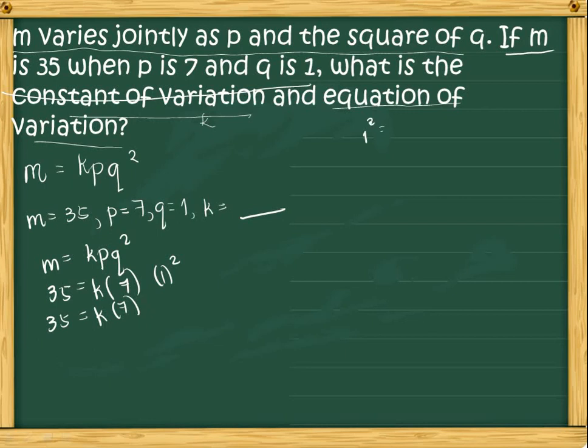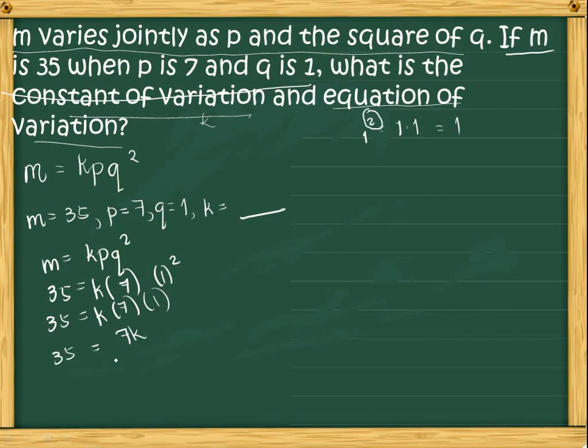If you expand 1 squared, that is 1 times 1. Bakit dalawa? Why do we have 2, 1? It's because your exponent is 2. So 1 times 1 is still 1. 1 times 7 is still 7. 7 times K is 7K equals 35.